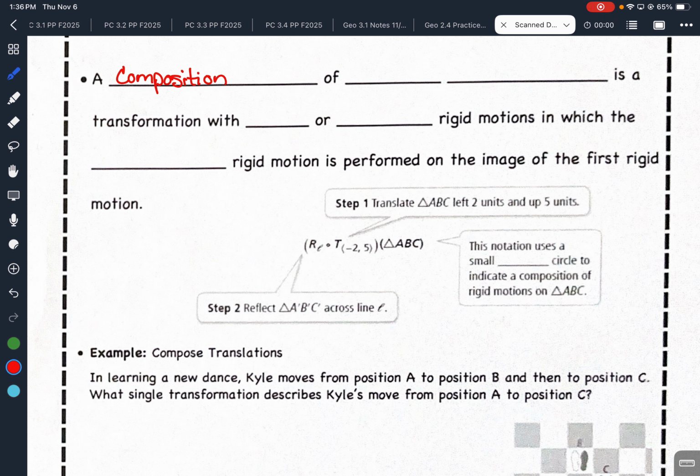Like a group. And have you ever heard of chemical compound? Things compounded. It means made up of more than 2 things. Okay, so a composition of rigid motions.